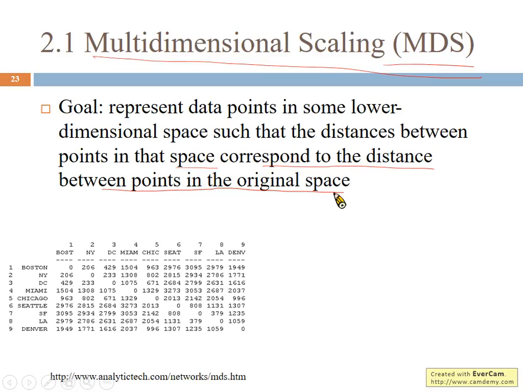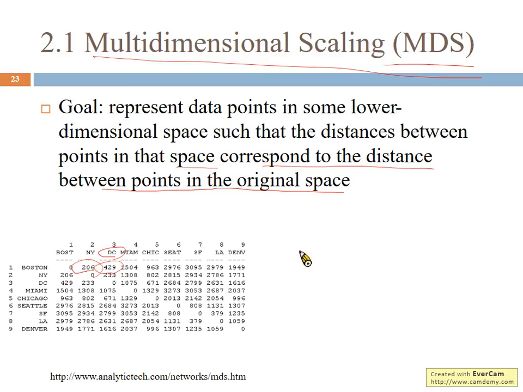So let's take an example here. Given a matrix where each entry indicates the distance between selected cities in the United States. So right now we have 9 cities, and the distance between Boston and New York is 206 miles, and the distance between Boston and Washington D.C. is 429 miles, and so on.